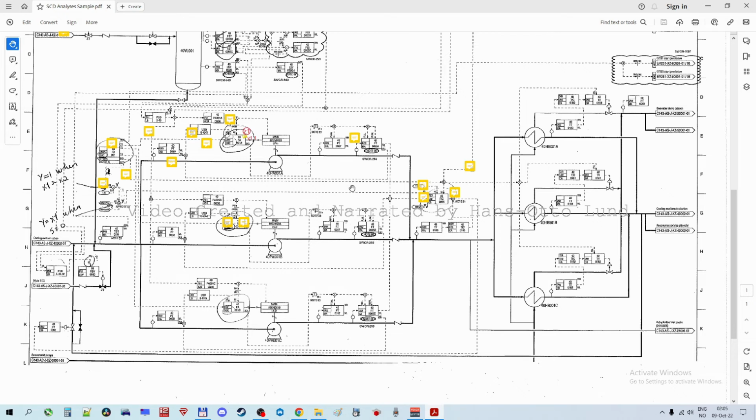The main thing which actually controls the amount of fluid going out here is this valve down here in the corner. It's a flow control valve. The fluid coming to this control valve is taken out from this line here.